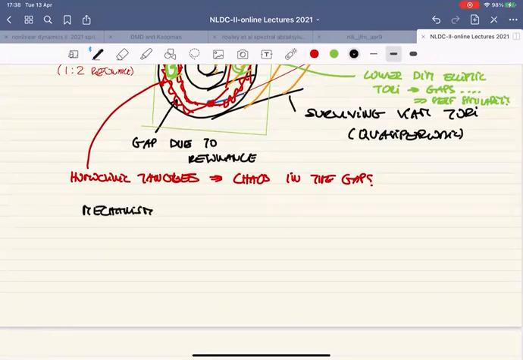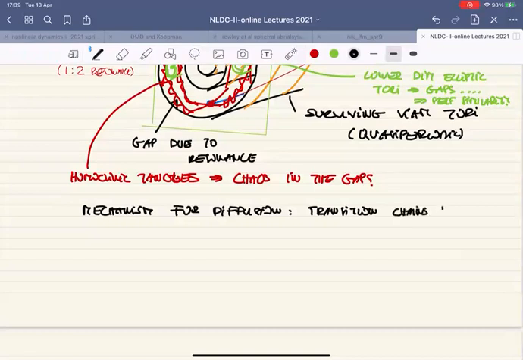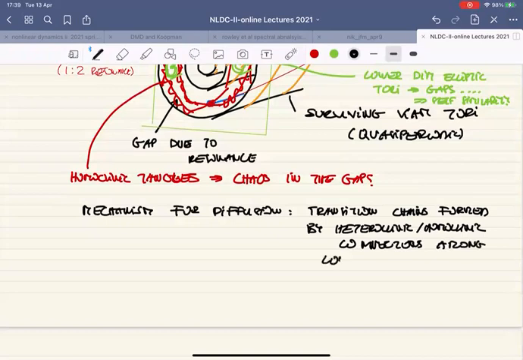instability that Arnold identified, and he called it diffusion because it's slow, it would be called transition chains formed by heteroclinic connections, also homoclinic connections among lower dimensional, the term is hyperbolic tori, or some call them whiskered tori, perhaps for obvious reasons, because these are like whiskers.